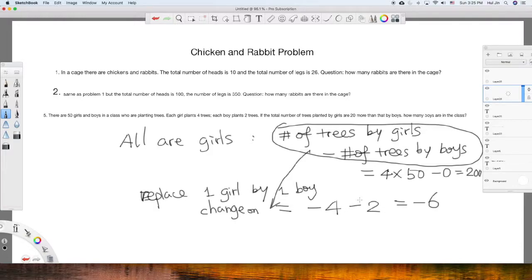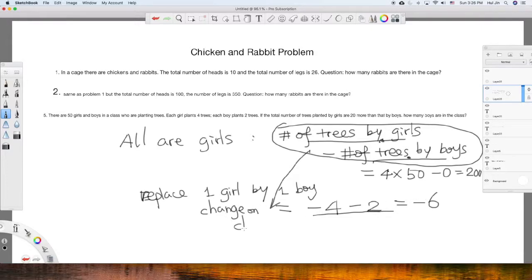Okay, this probably takes a minute to think about it. You see, I'm taking the difference between the number of trees by girls and number of trees by boys. Every time I'm taking out one girl, I'm reducing this amount, and I'm increasing this amount. Reducing by 4 here, increase this by 2. So the difference will be minus 4 minus 2 equals minus 6.